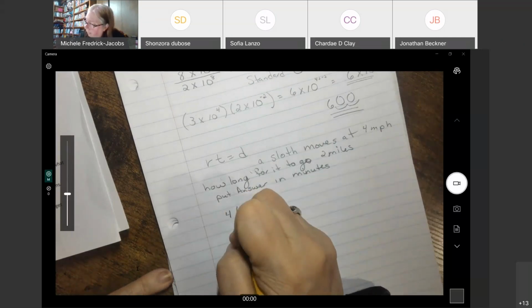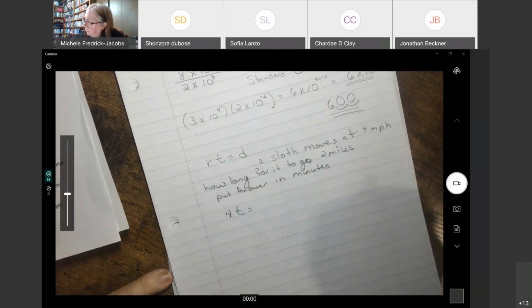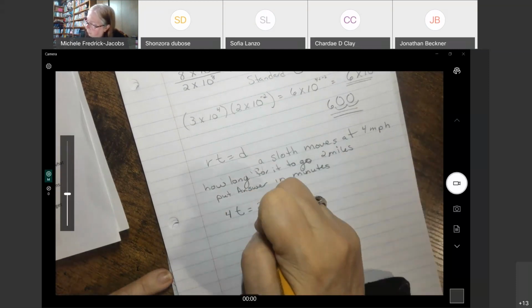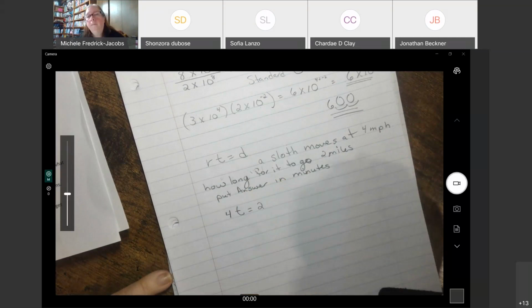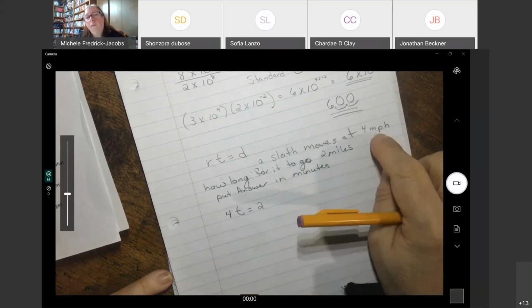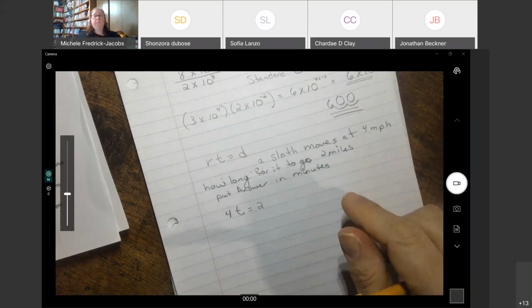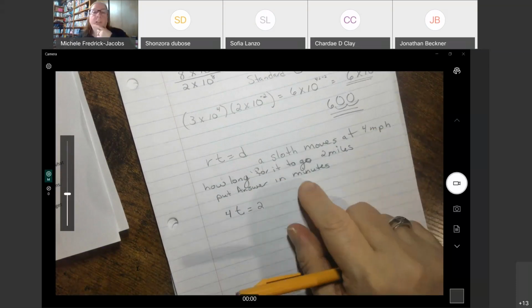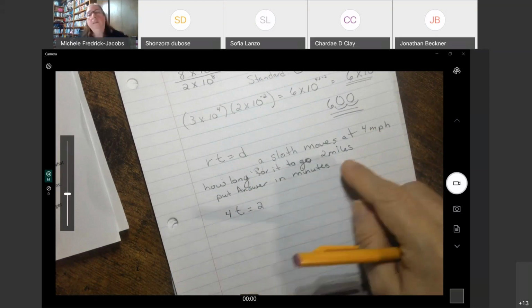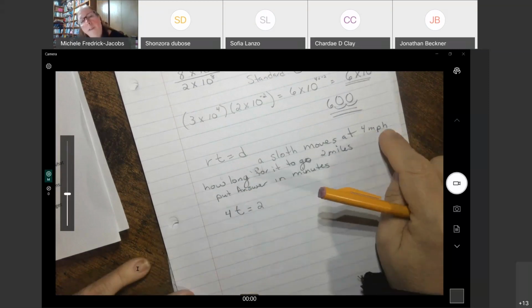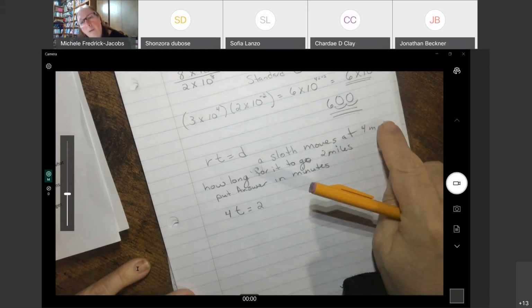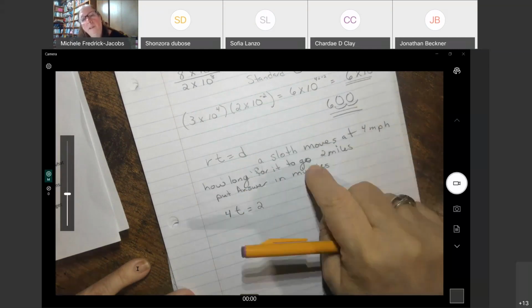We're looking for time, and distance was 2 miles. This is in miles, the rate is in miles. If it weren't the same, you'd have to convert some. But the minutes I wouldn't convert till the end. This is miles per hour, so when we get our time, it will be in hours, and then we'll convert it to minutes.